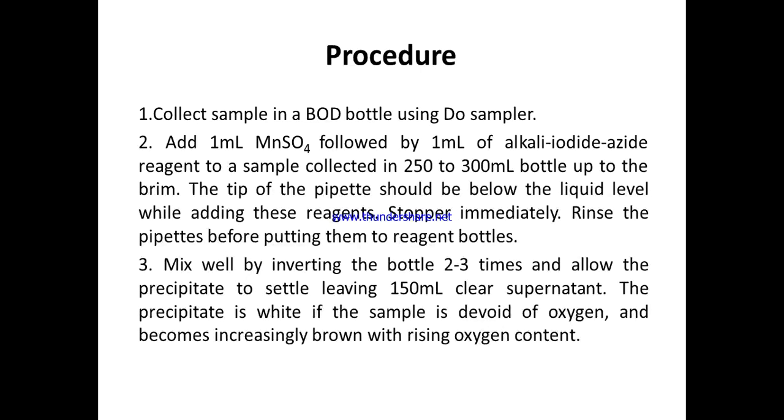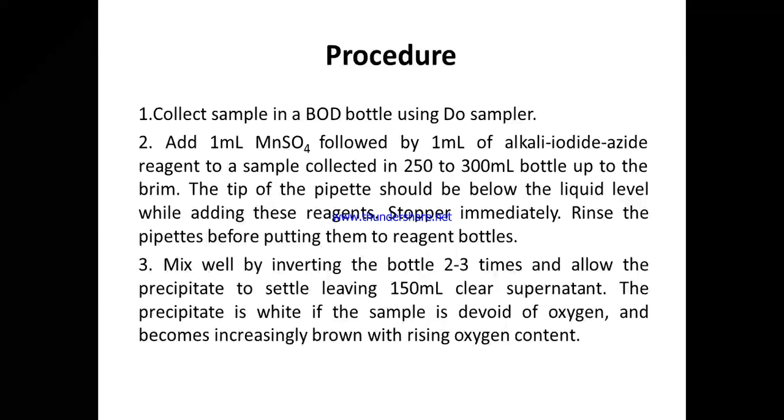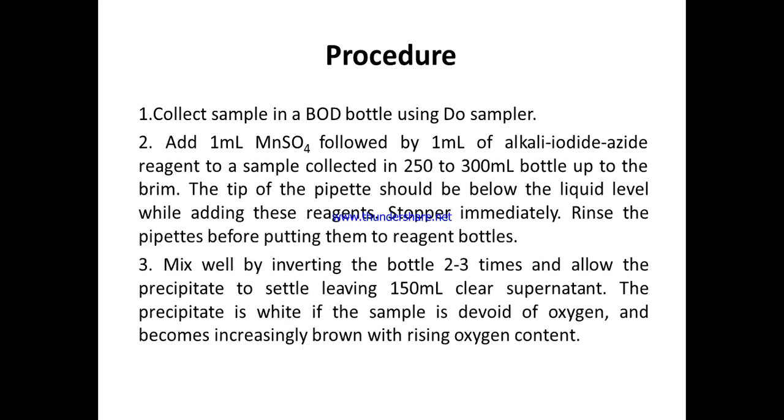After that, students, after having added 1 milliliter of MnSO4 and 1 milliliter of alkali iodide azide, the bottle is given a little bit of movement. We will shake the bottle a little, okay, so that proper mixing takes place. And we will see a brownish color being developed over there.